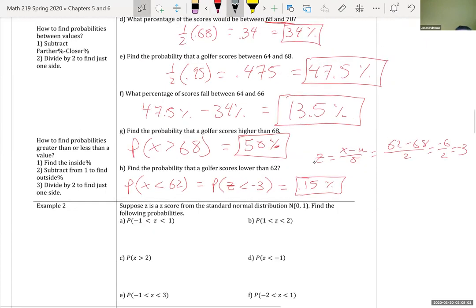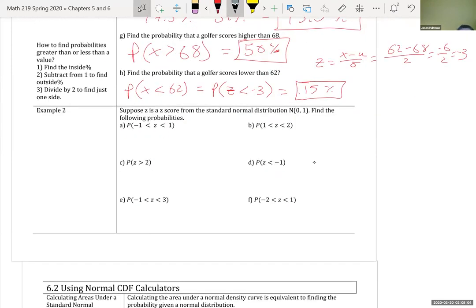Okay. Suppose a z-score in the standard normal distribution. Now this is how we represent the standard normal distribution. That's the normal curve with a mean and standard deviation. And in this case, the mean is 0 and the standard deviation is 1. That's standard normal. I could have other distributions that are normal, but not standard normal.